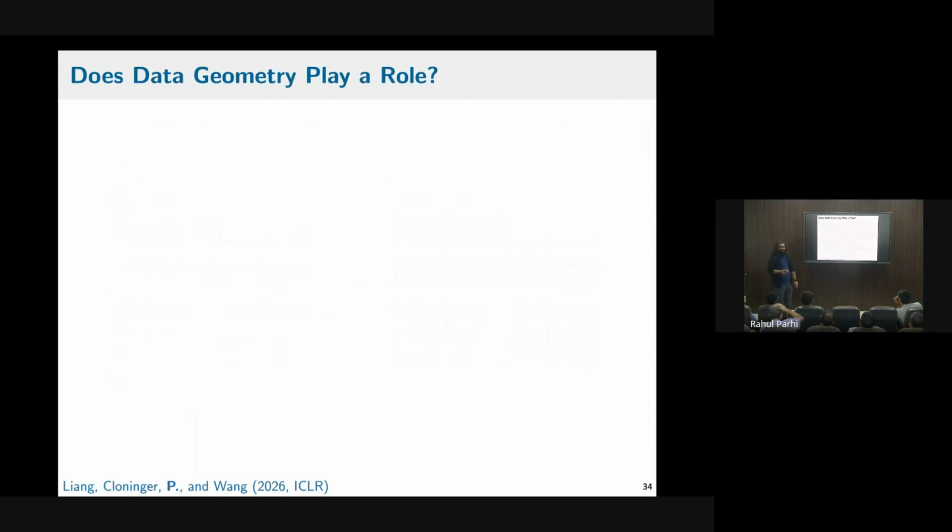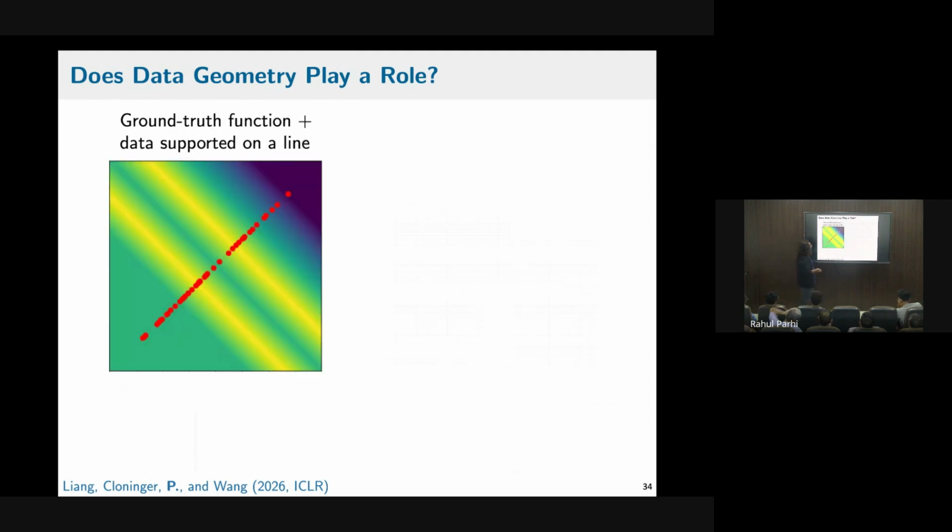And now this is where you can ask another question, about a different kind of geometry: does the data geometry itself play a role in what's going on? So here's a 2D function, and I sample it, plus some noise, to get XY pairs. But now my X's are supported on something low dimensional. It's a line.